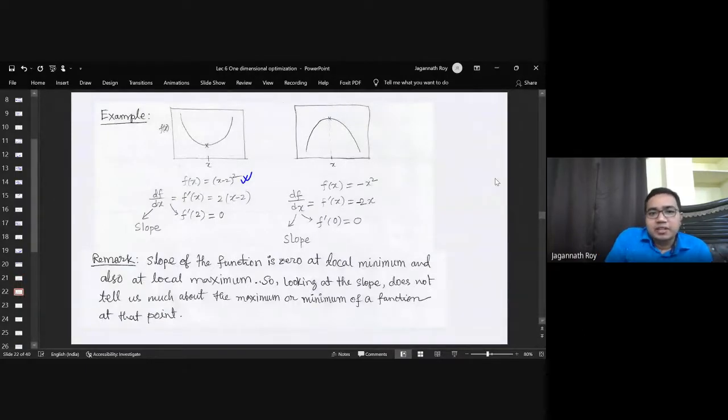So in order to find the point, we try to find the derivative, and if we make it 0, we find that x equals 2. If we substitute 2 here, 2 minus 2 is 0. So by theorem 1, this is our first order necessary condition, and x equals 2 is a minimum point.